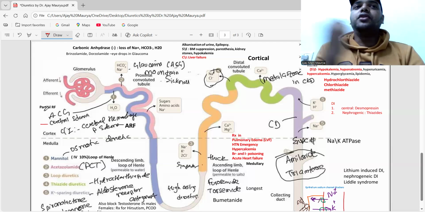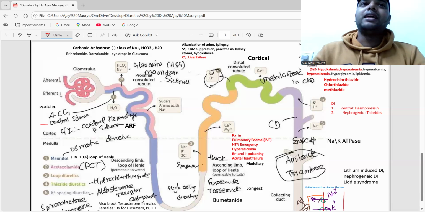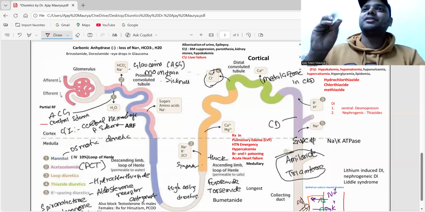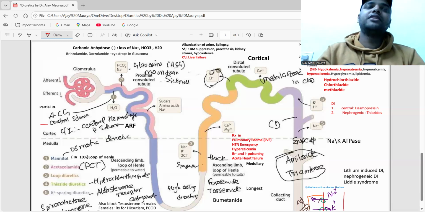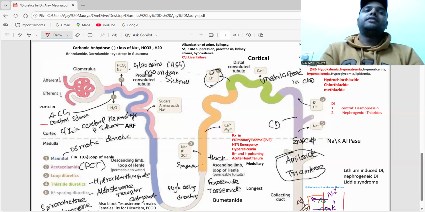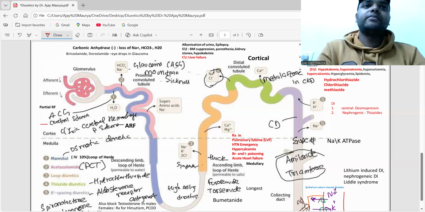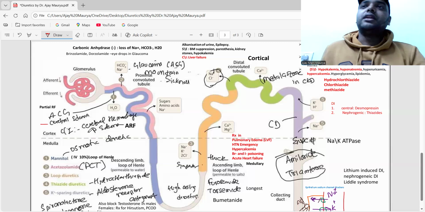Now where is it contraindicated? In what cases are we not going to give mannitol? For example, in cerebral hemorrhage, because if there is a hemorrhage, the mannitol is going to move into the cell, so it may cause hemolysis, and it will increase the edema size. It is also contraindicated in pulmonary edema and in acute renal failure.